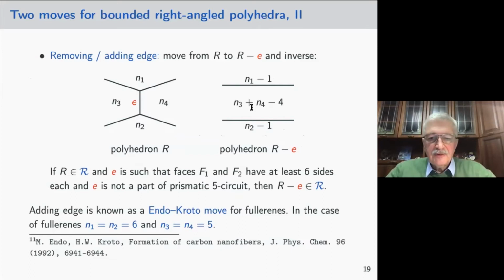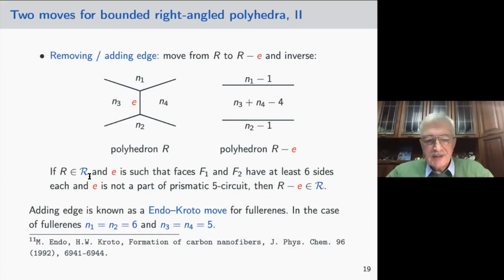So there will be one gon less, and the new number of sides will be N1 minus 1 and N2 minus 1, and the new face created from the two faces N3 and N4 will be N3 plus N4 minus 4. So we remove an H, or we can add an H in a similar position. And again, this operation is just combinatorial, but we can prove geometric results.